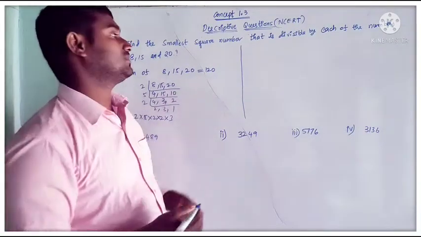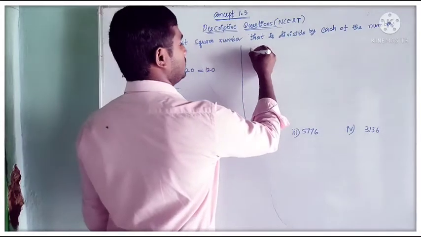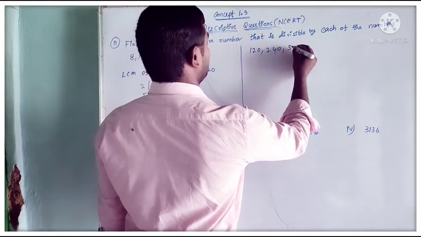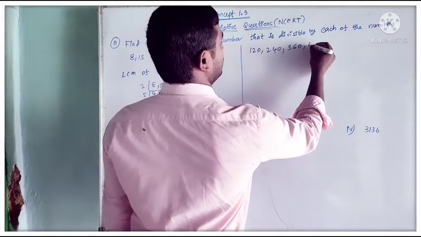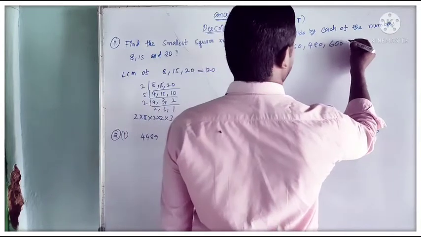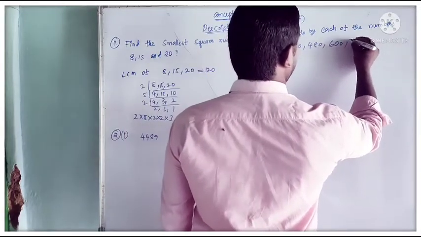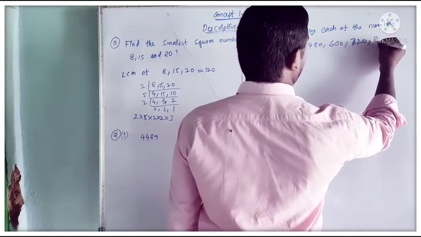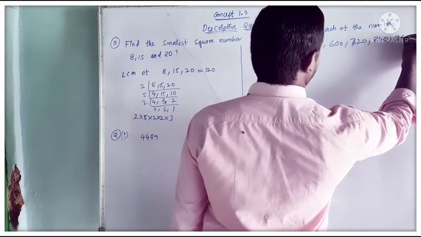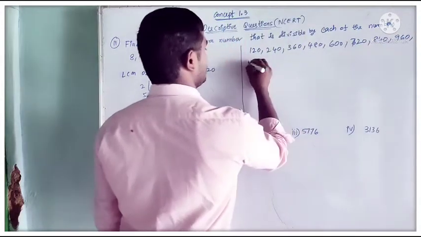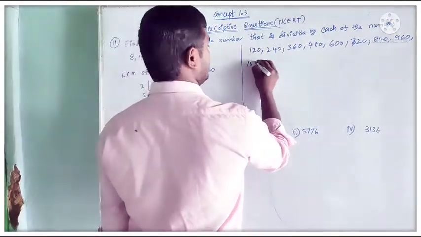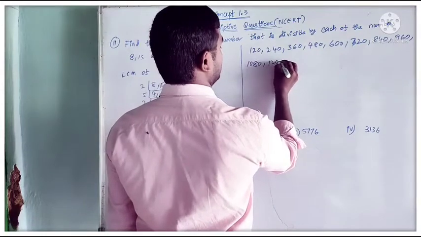What are the multiples of 120? We have 120, 240, 360, 480, 600, 720, 840, 960, 1080, 1200, like that.